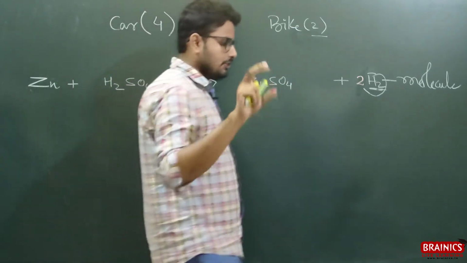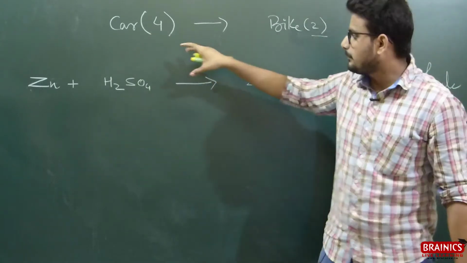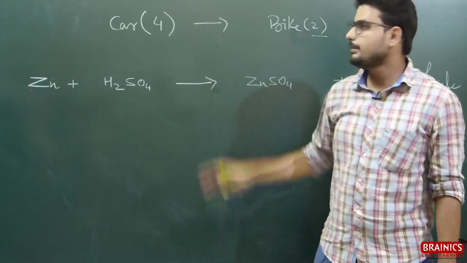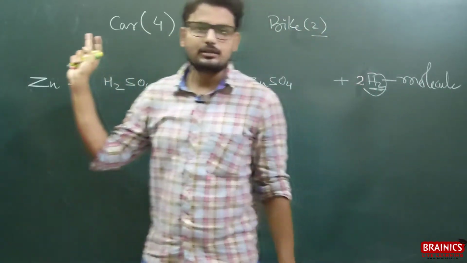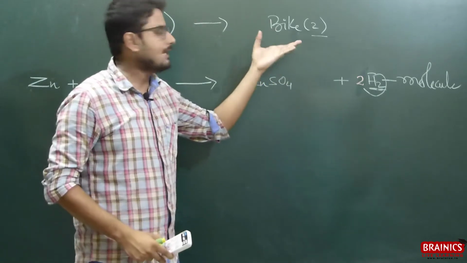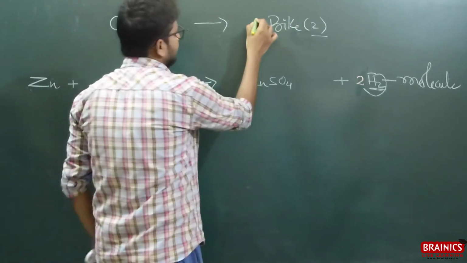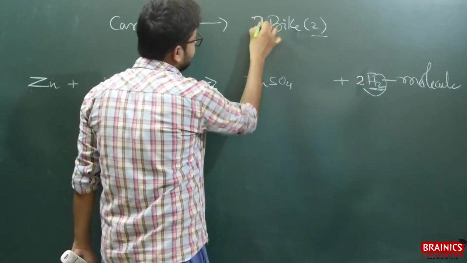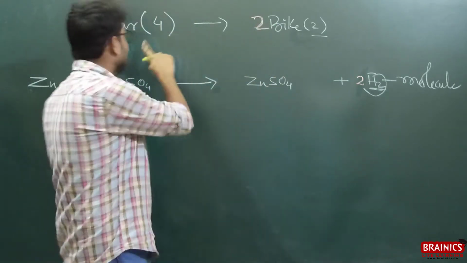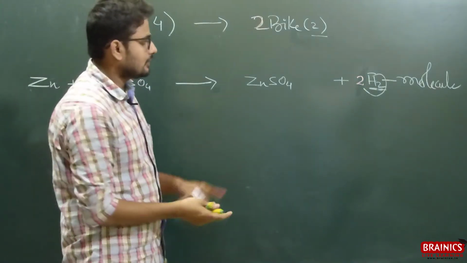But then you are changing them: if you remove 2 wheels from the car, it will no longer be a car, and if you add 2 wheels to the bike, it will no longer be a bike. So what you can do is write 2 here, meaning I am putting 2 bikes in front of a car to manage the number of wheels.